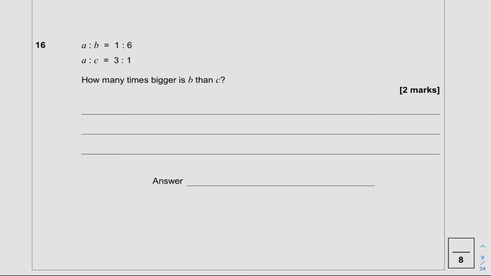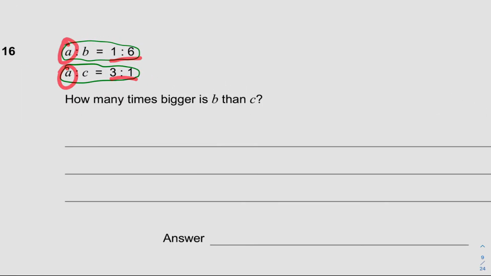Okay, so for question 16, we need to work out how many times bigger B is than C. And we've got two ratios here. We've got A to B is 1 to 6, and we've got A to C is 3 to 1. So essentially, what we need to do is get A to be the same value in both of these ratios. To do that, we can multiply the top ratio by 3. So when we do that, we get A to B is now equal to 3 to 18.